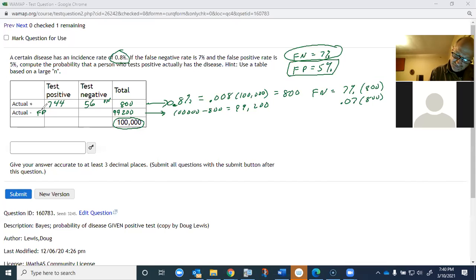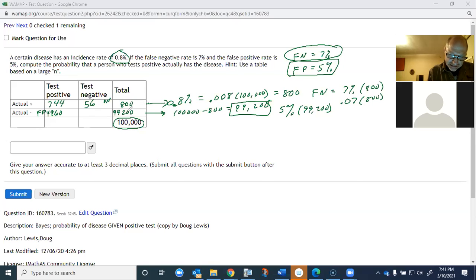So that's going to be 5%, right? That's going to be 5% of the 99,200. So 0.05 times 99,200. And that is 4,960. And how do we find this missing number?